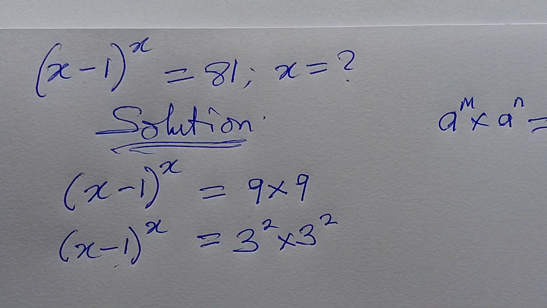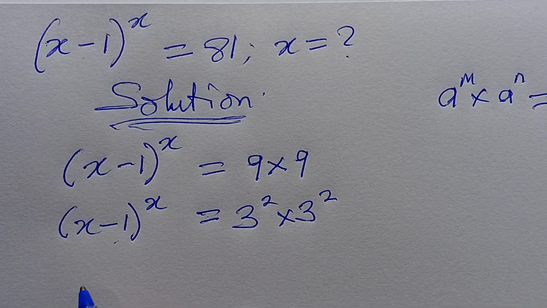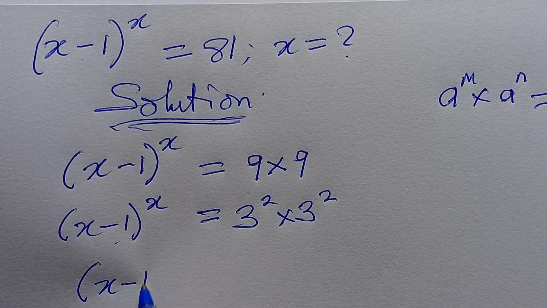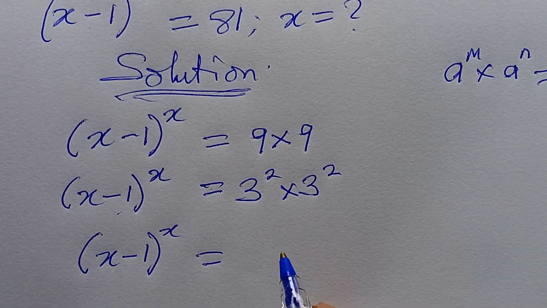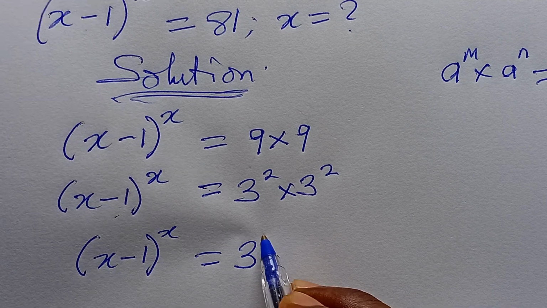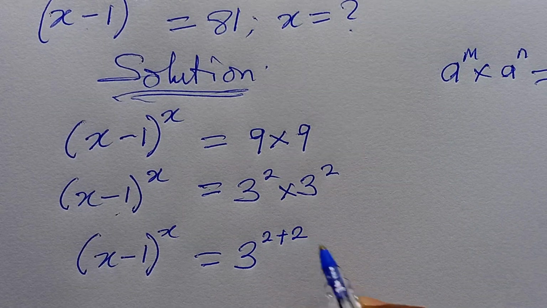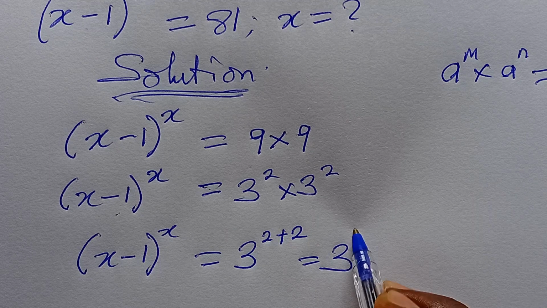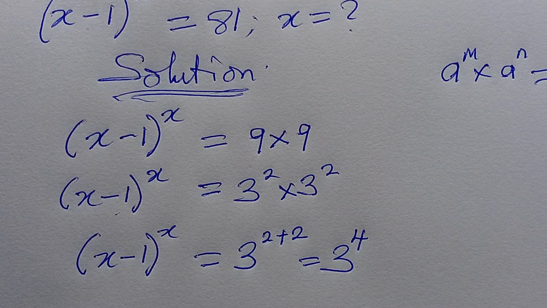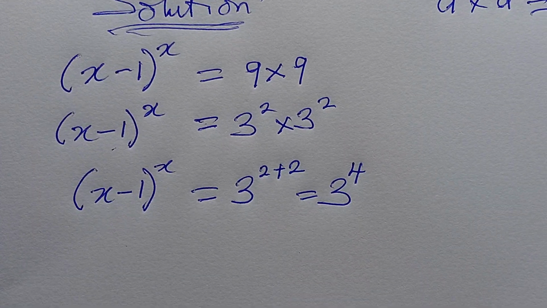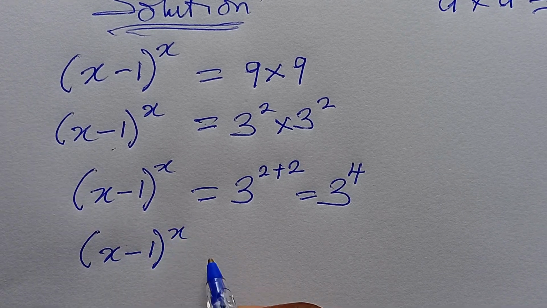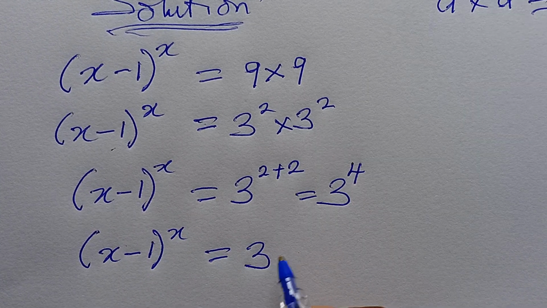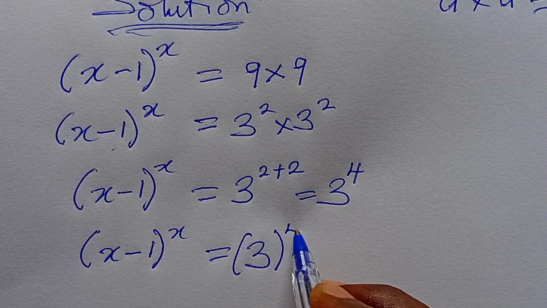So if we apply that, we have (x − 1)^x equal to 3^(2+2), which equals 3^4. So we can rewrite this as (x − 1)^x equal to 3^4.